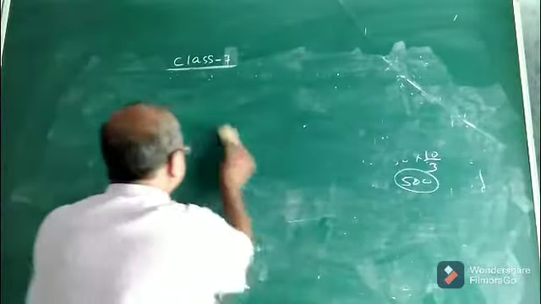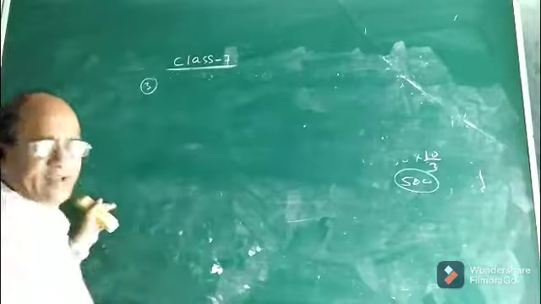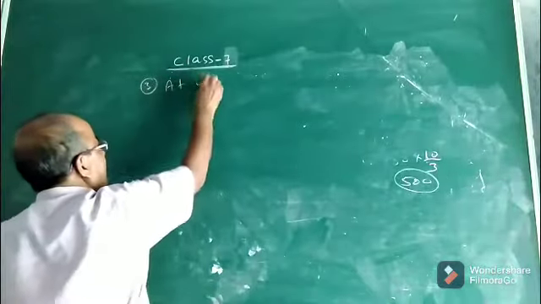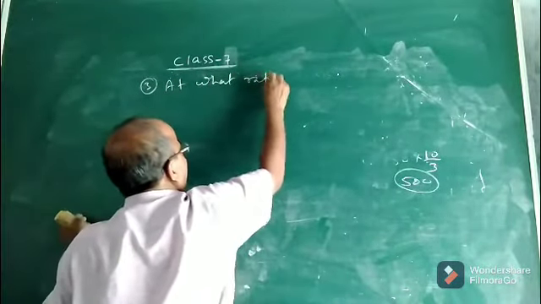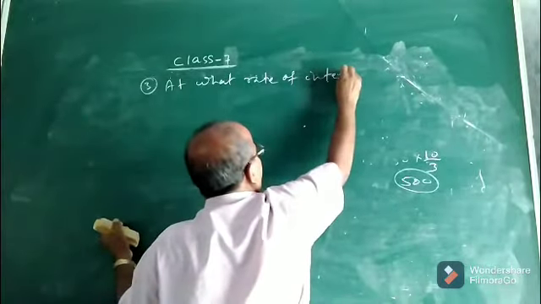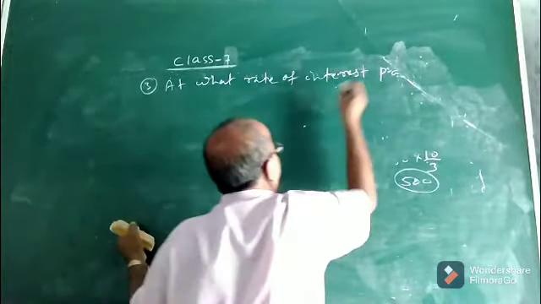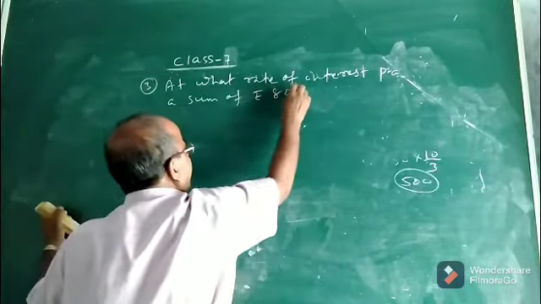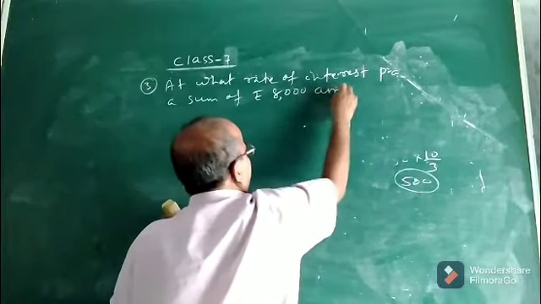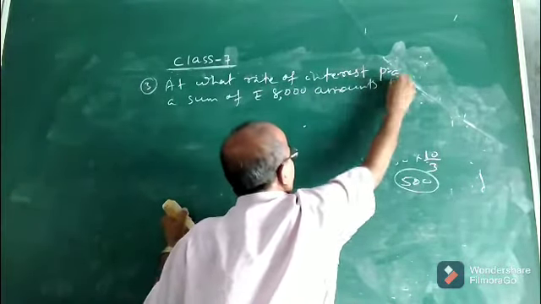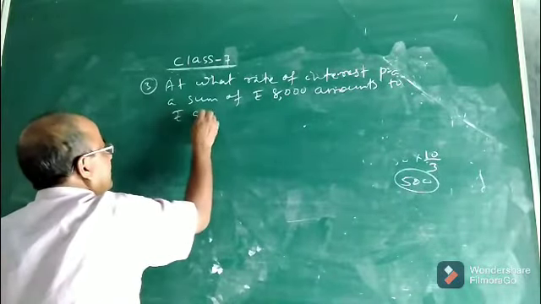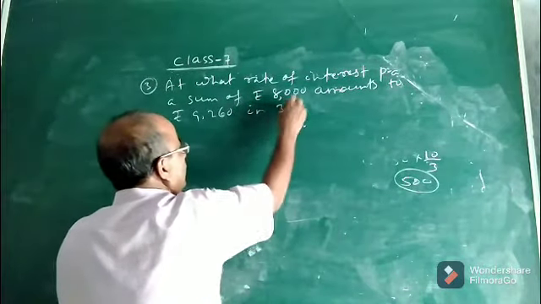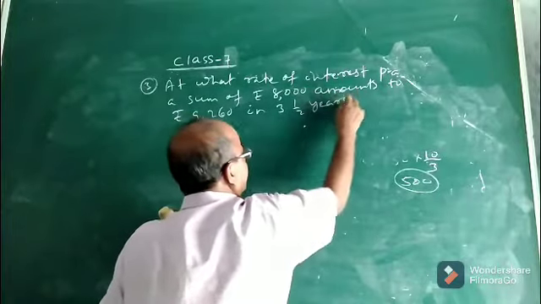The question is: at what rate of interest per annum does a sum of rupees 8,000 amount to rupees 9,260 in 3 whole 1 by 2 years? You see, this is the question.